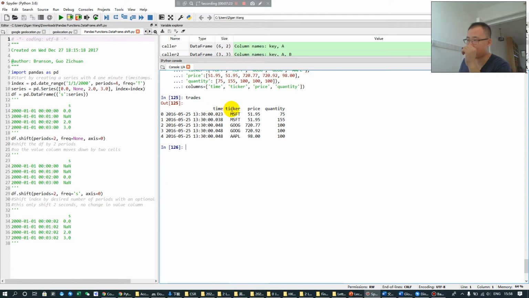It has time, ticker, price, and quantity. The ticker is a stock ticker: Microsoft, Google, and Apple. So these are the 3 companies' stocks, the transaction price, the quantity of the transaction, and the time that each transaction takes place.